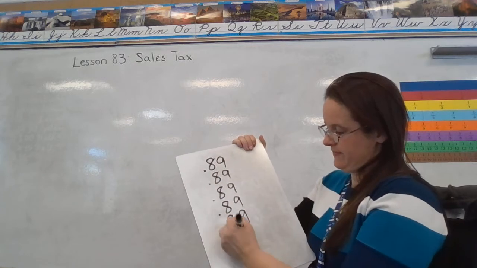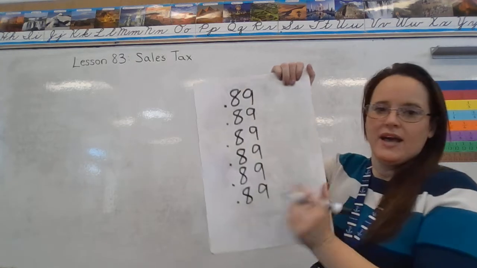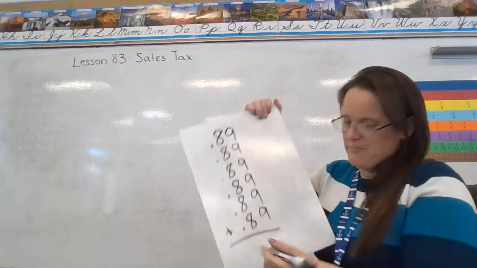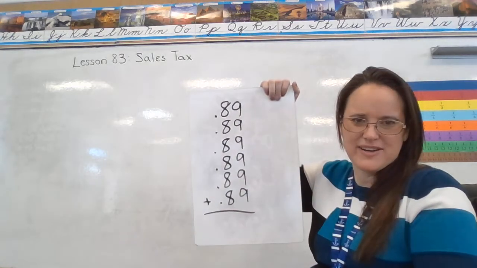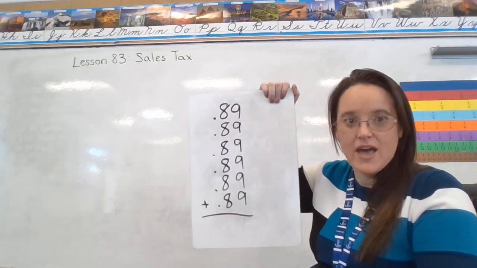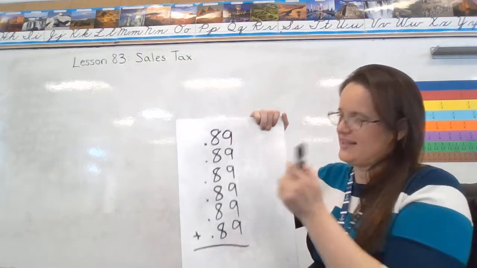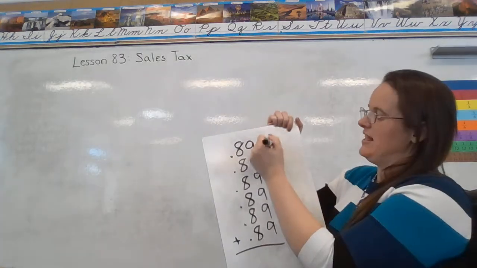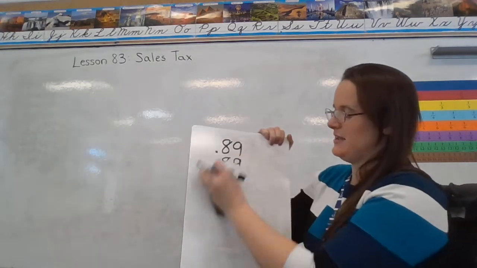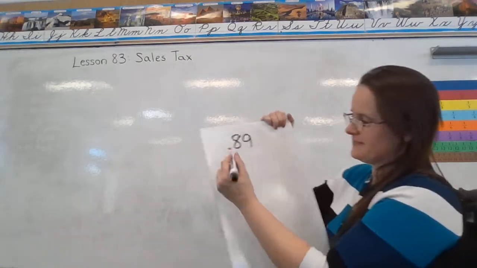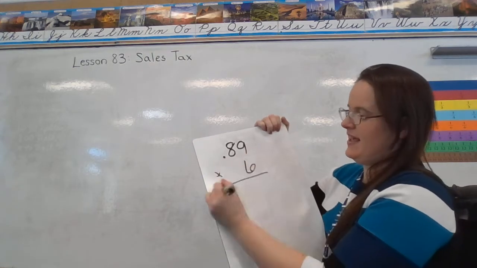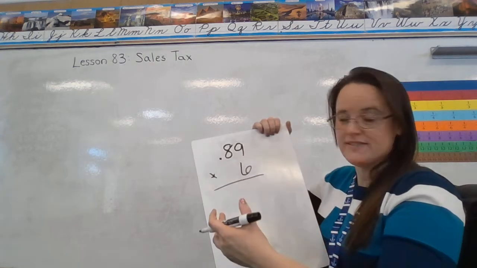One more. I could add that up, but that seems like a lot of work. Isn't there an easier way? Yes. Multiplication. Let's just do 89 cents times 6, and that's going to give me the cost of the bolts.